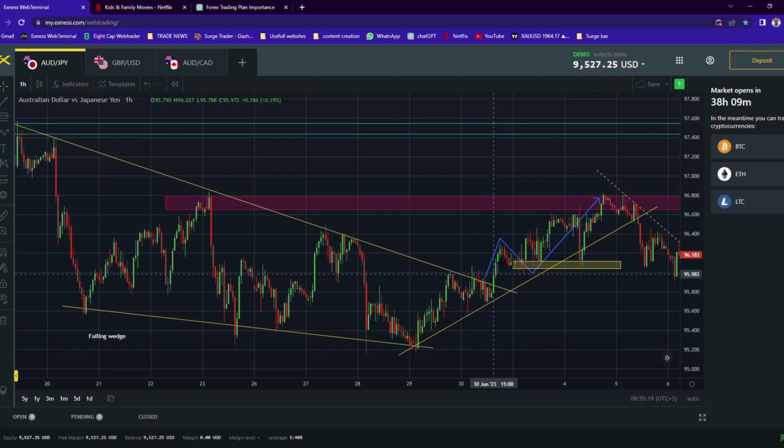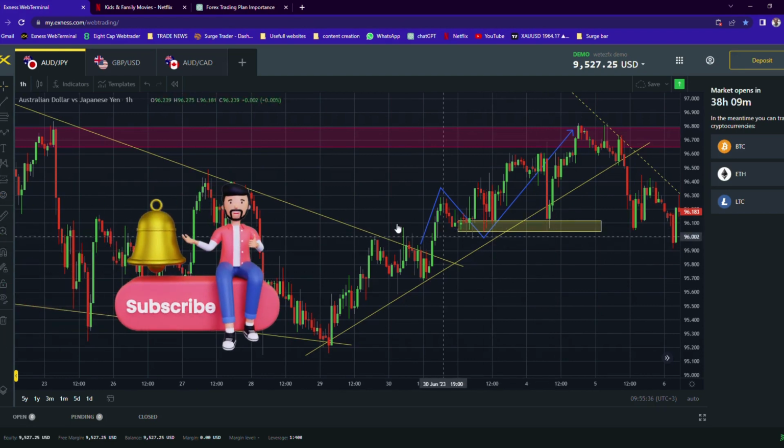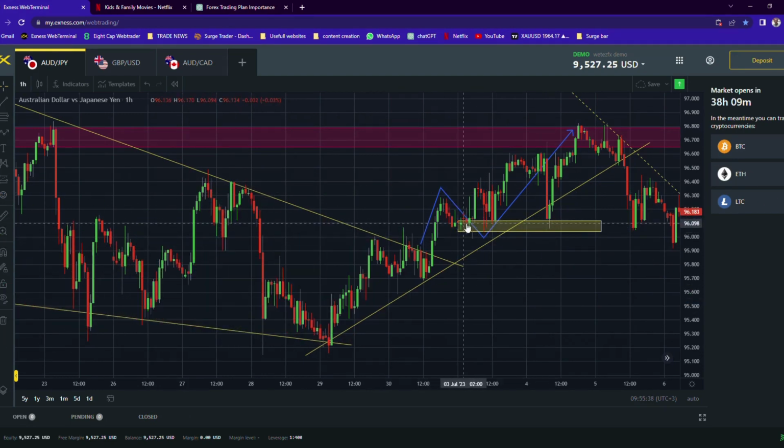So when you see a break, you can enter straight away within the second hour candle, or wait for a retest to get a confirmation of change of direction. So right here we are looking at a retest, which is this. Here was our entry point, because there was a rejection of this zone right there. So this was a confirmation of entry to the upside.